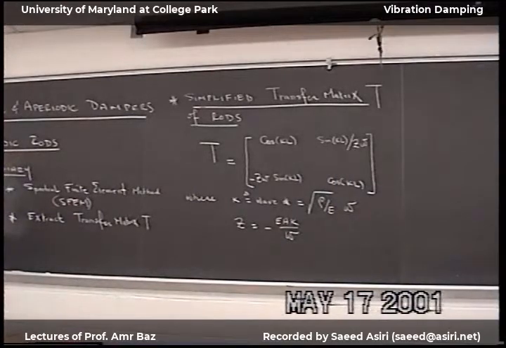This is for a single spectral element of a uniform cross-section rod.